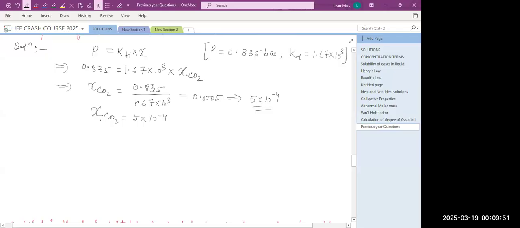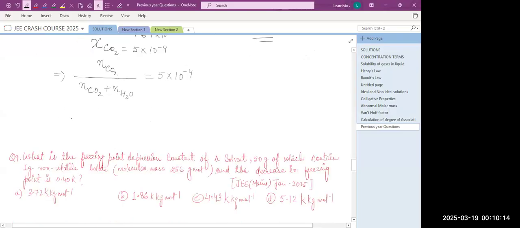And we know that the formula for mole fraction is the number of moles of CO2 upon the total number of moles of all the components, right? It is equal to 5 into 10 power minus 4. Now substitute the value over here. So how will you calculate the number of moles of carbon dioxide?